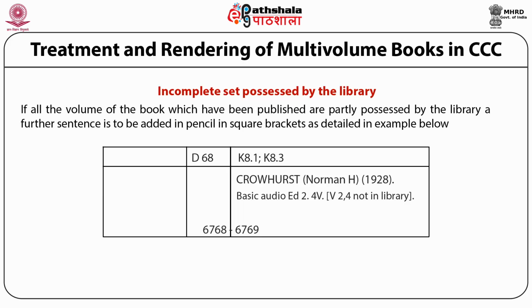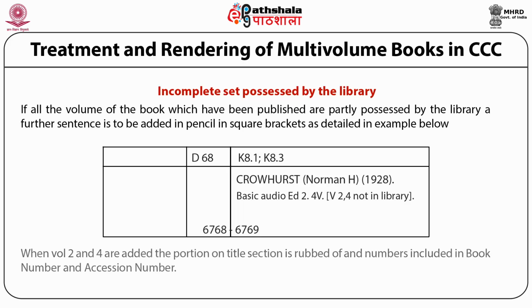And the fifth section, accession number, is given as per rules. When volume 2 and 4 are added, the portion of the title section is rubbed and numbers included in book number and accession number will be corrected.